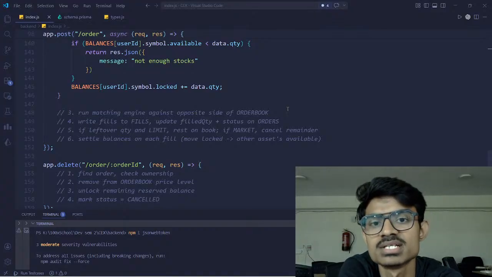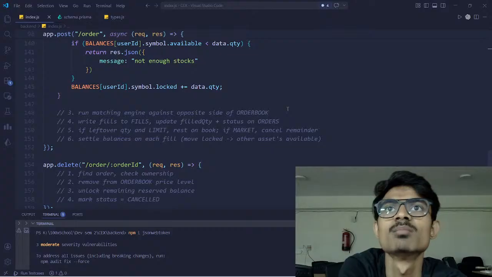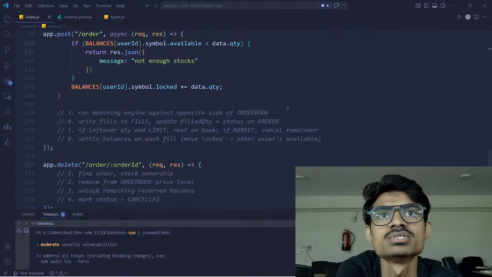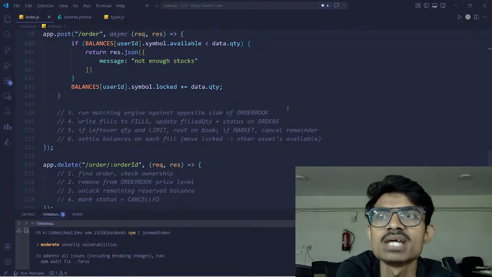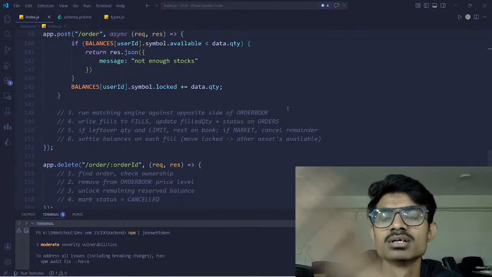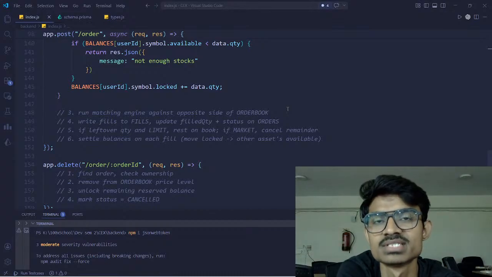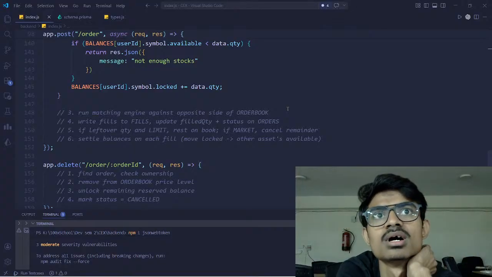If I'm at the sell side, I'll match against the buy side. First we check, if I'm buying for 80 rupees, is anyone selling for 80 rupees or less? If not, then we'll sit in the order book.